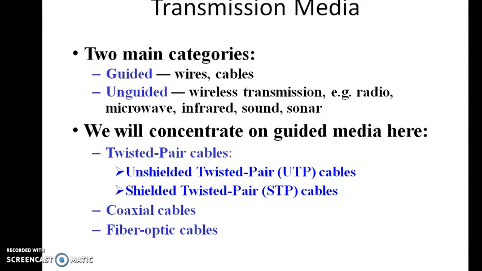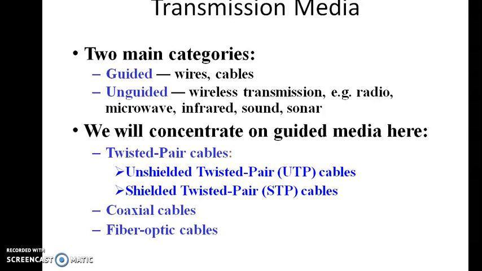Little complex topic, but not so important. So we will concentrate on the commonly used one, that is guided media. It can be twisted pair cable. In twisted pair cable, two types of cables are there: unshielded twisted pair and shielded twisted pair.